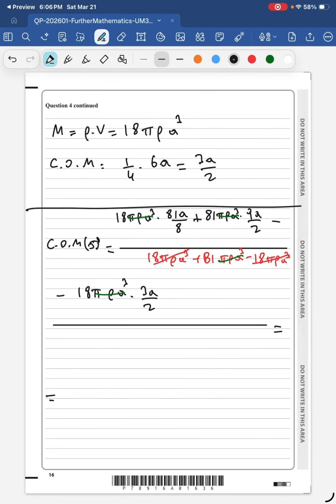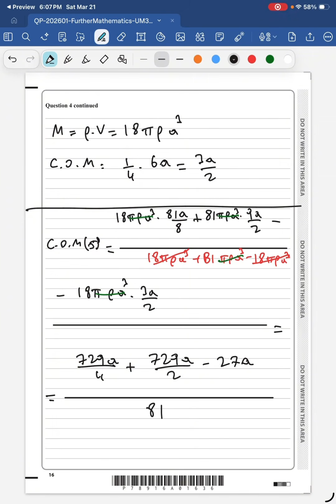So this whole thing becomes, let me see, 729a over 4 plus 729a over 2 minus 27a over 81.